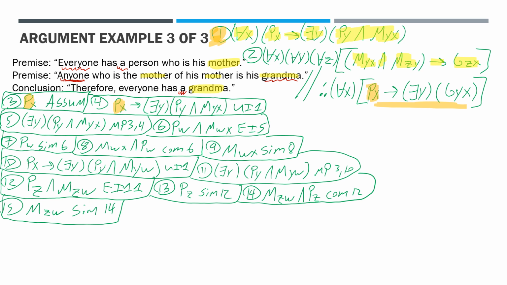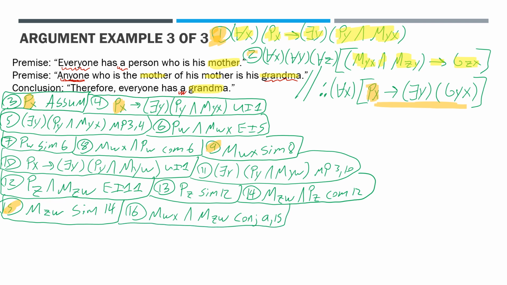And let's do some combining here with lines 9 and 15. So for 16, mwx and mzw, conjunction of 9 and 15.